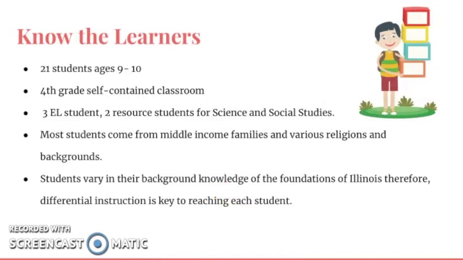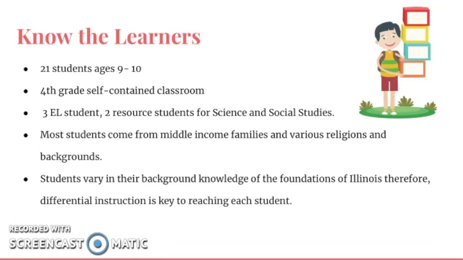Our fourth grade classroom is relatively small given the amount of students that are in our school. We have students between 9 and 10. At the beginning of the year, we do have some 8-year-olds. In the classroom, we have 21 students in the self-contained. We have 3 English language learner students who receive extra support from a parapro.